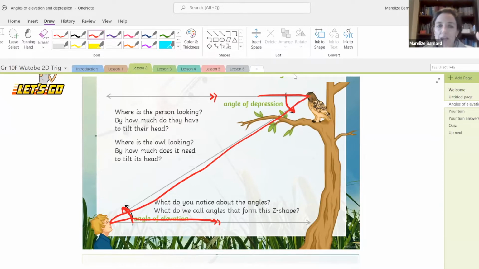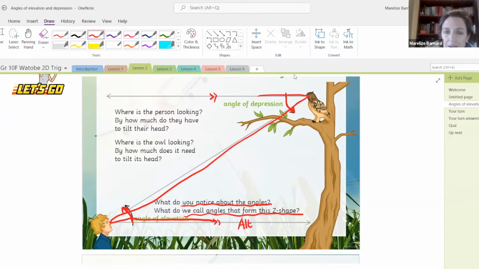So if we have a situation like this where somebody is looking up and in turn someone is looking down, because of the parallel lines, the angle of elevation and the angle of depression are actually equal. So here where it says, what do you notice? That is exactly that. And what do we call the angles that form this Z shape?